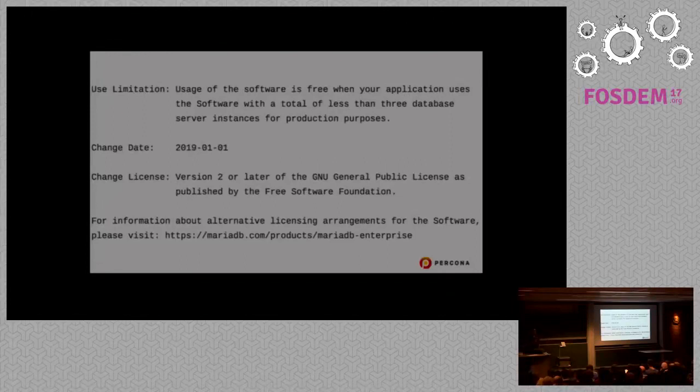In this case, they tell you you are not allowed to use MaxScale in production in a free fashion if you have more than 3 database server instances. I don't know how that is enforced except through this use limitation. And after 3 years, it becomes GPL. And Richard Stallman himself, back in the day, during the Ghostscript Aladdin license debacle, said he considered it a problematical compromise because it gave us free software after a year.